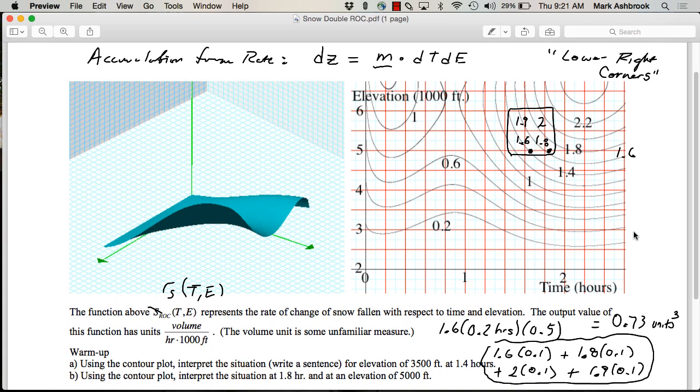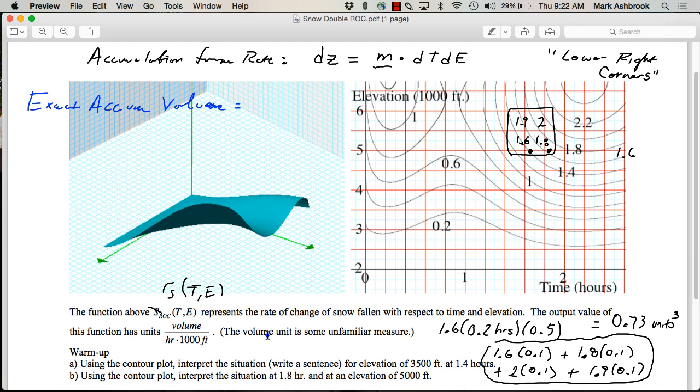So how would we represent that amount of snowfall exactly? This is our estimate based on a sum of bits of accumulation with constant rates. How do we want to show that exactly then? The exact accumulated volume of snow over that time frame, over that elevation range, would be? Oh, we can just use function notation.